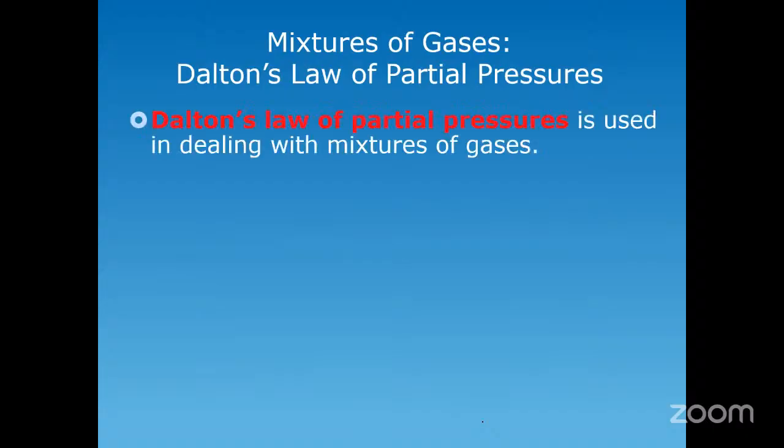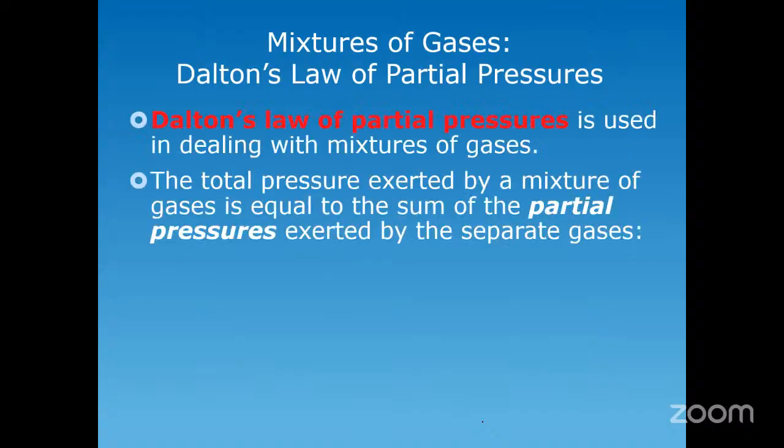Basically what this law says is that the total pressure exerted by a mixture of gases would be equal to the sum of the partial pressures exerted by the separate gases, right?